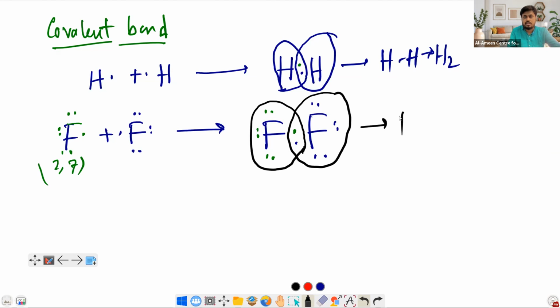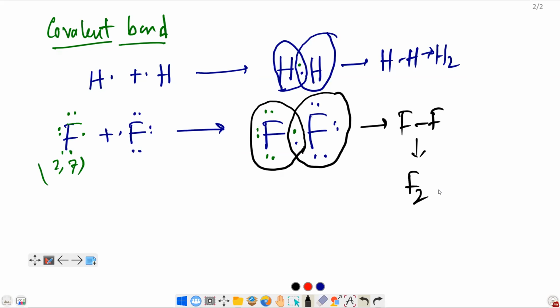So now they are forming a bond like this. Are you getting it or not? Yes, a little bit. So now draw in your copies.